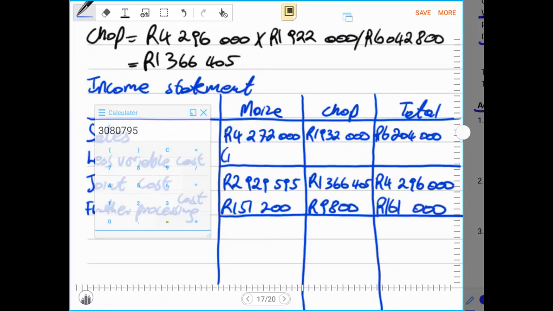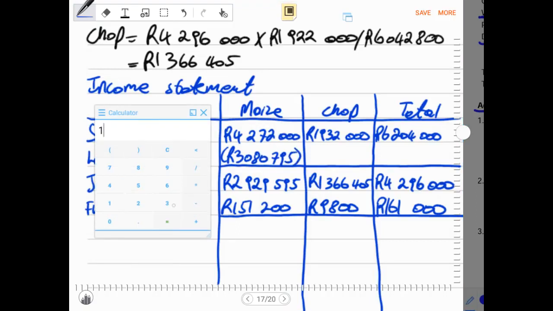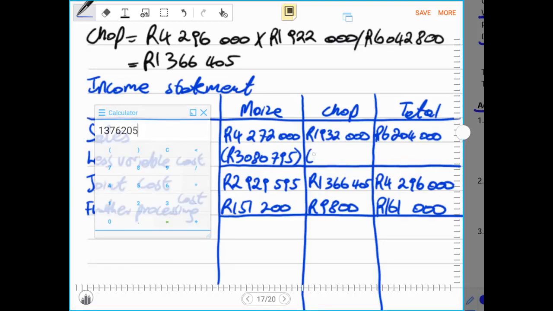So this gives us the variable cost of 3,080,795. And 1,366,405 plus 9,800, and this gives us a total of 1,376,205.